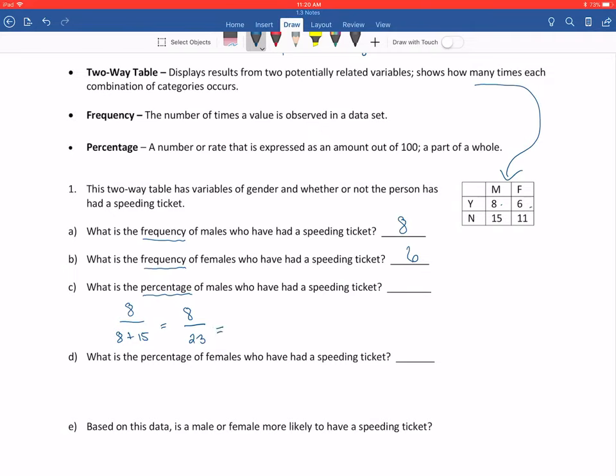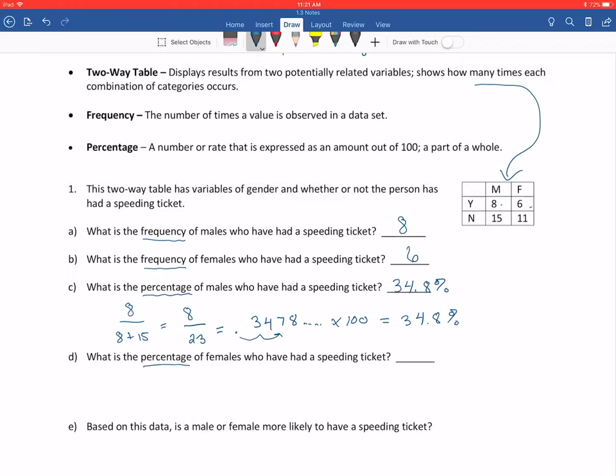If you divide 8 divided by 23, you get 0.3478, etc. And turning that into a percentage, we need to multiply by 100 to move that decimal point over 2 places. So it looks like about 34.8%. So that's what I'm going to write here. So 34.8% of the men surveyed had had a speeding ticket.